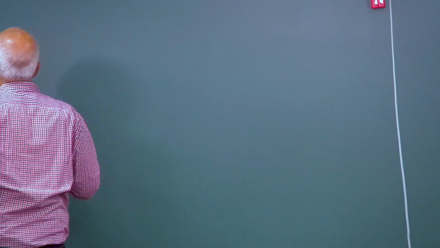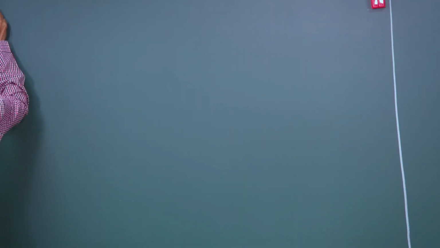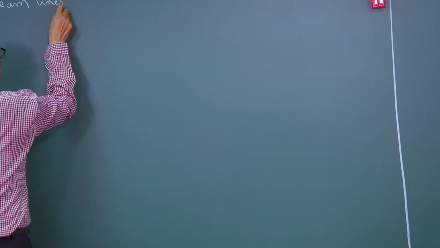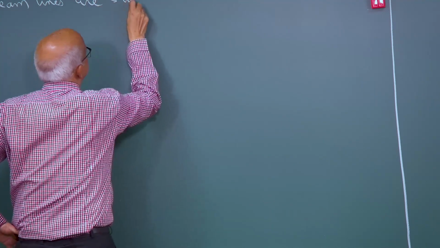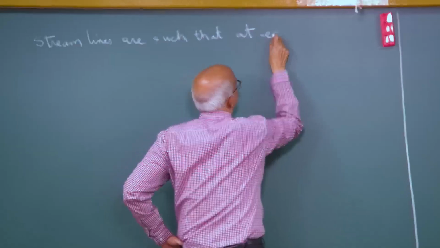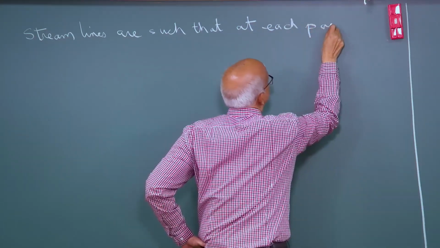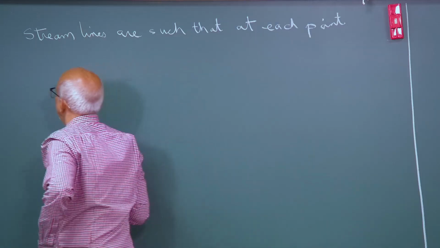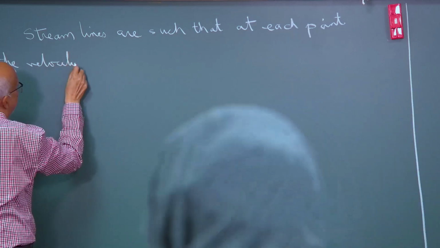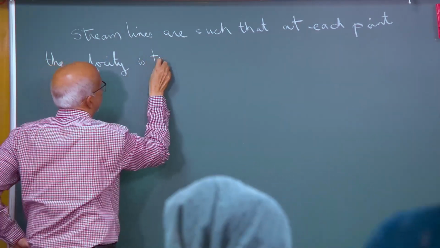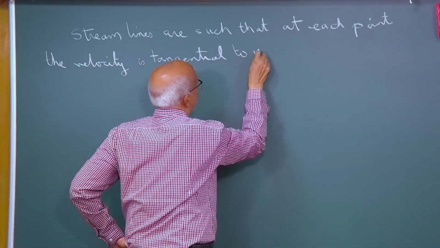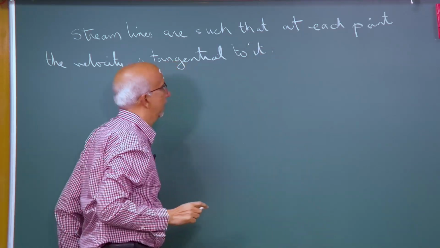Okay. So, streamlines are such that at each point the velocity is tangential to it. Okay, that is one thing.